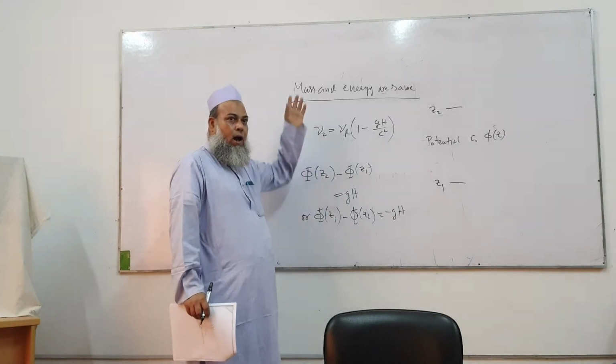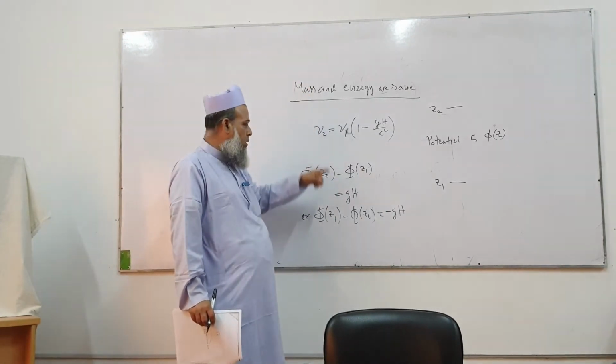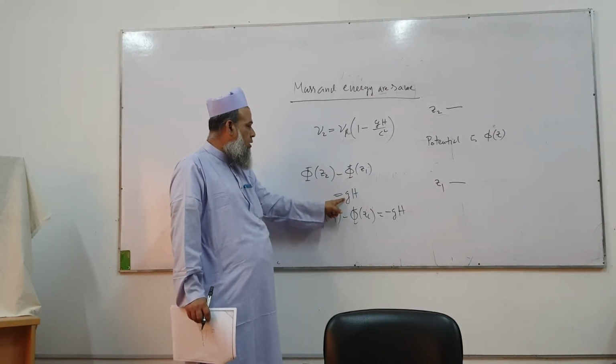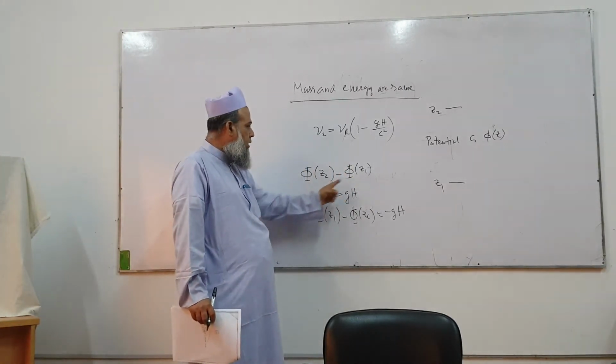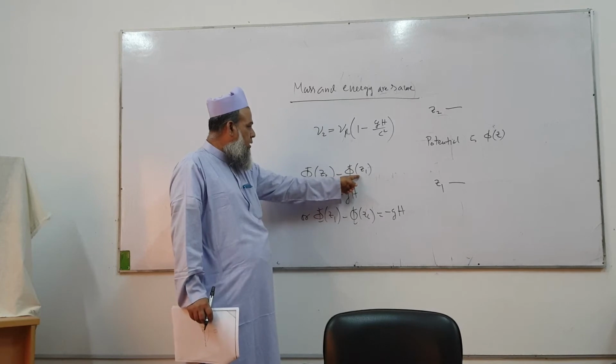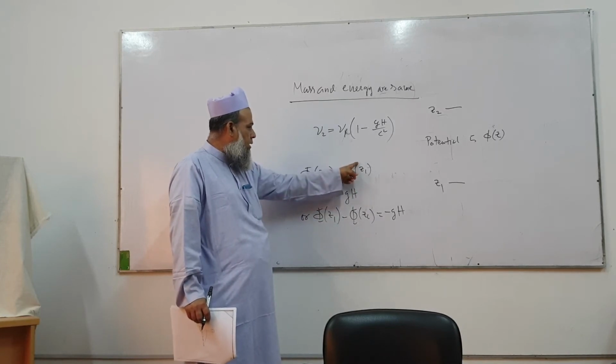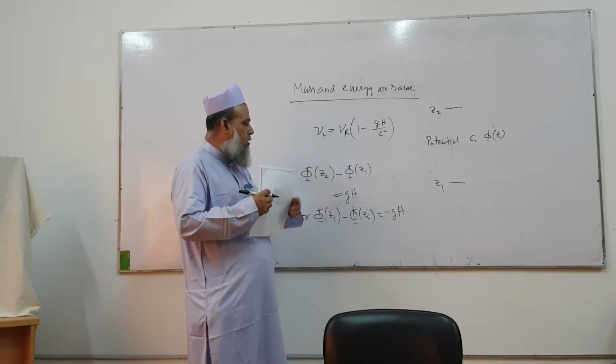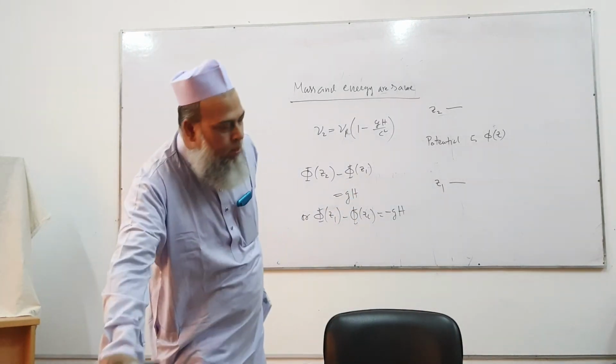Z2 is at high position, so that is the high potential, z1 is low potential, so this is plus gh. Now you interchange the terms, you get phi of z1 minus phi of z2 equals minus gh.